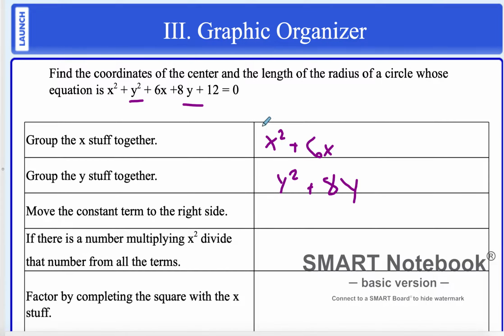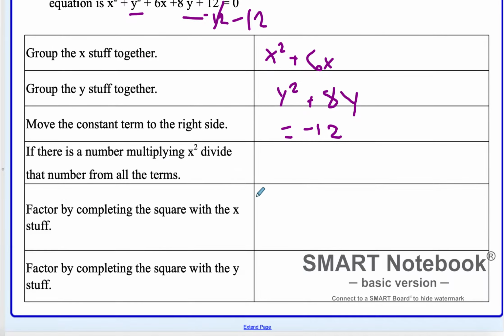And then it says move the constant to the right side. Well, there's only one constant here. It's 12. It's a positive 12, so I have to subtract 12 from the other side. So I'm going to have all that stuff equal to negative 12. If there's a number multiplying x squared or y squared, we're going to divide it out, but there's not, so we can forget about this for right now.